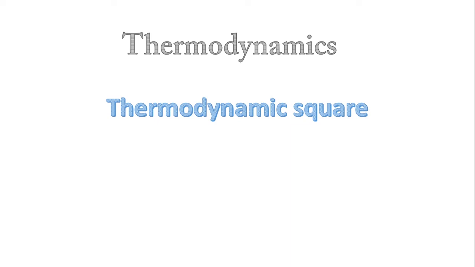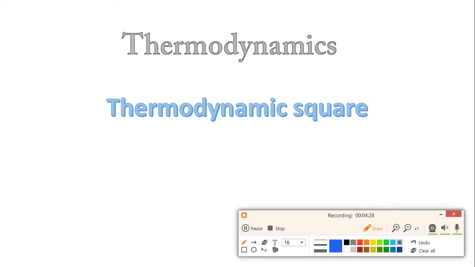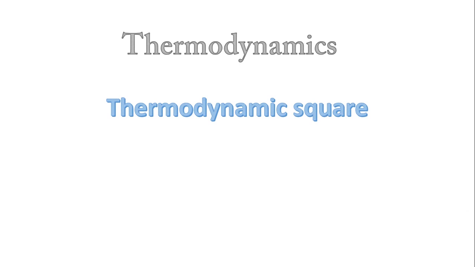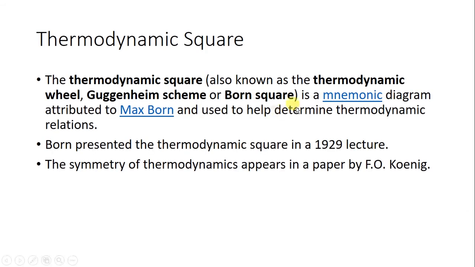Now, a mnemonic to remember these Maxwell equations. We have 4 equations. So to remember this, we have a concept which is known as thermodynamic square. Thermodynamic square is also known as thermodynamic wheel.